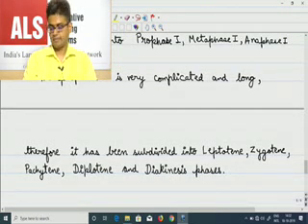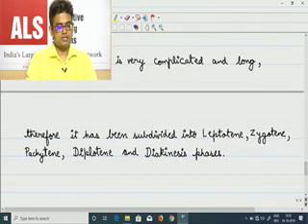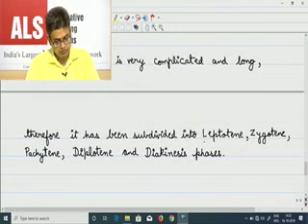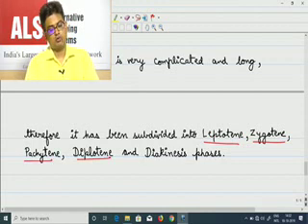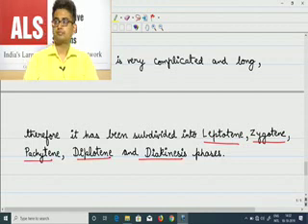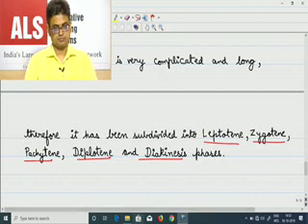So, these are the phases that we are going to study: first leptotene, zygotene, then pachytene, then diplotene and then diakinesis. Finish writing, please.